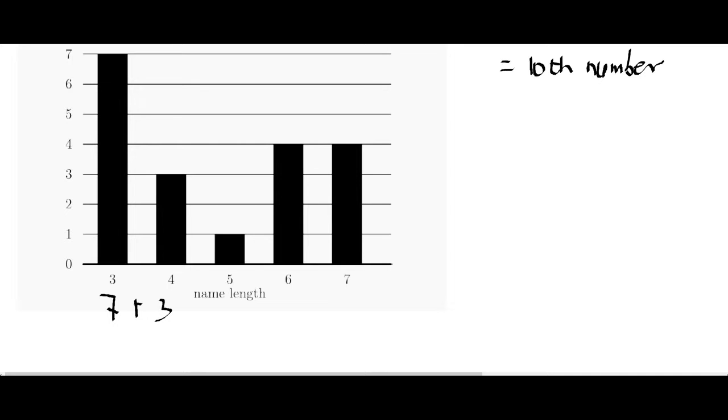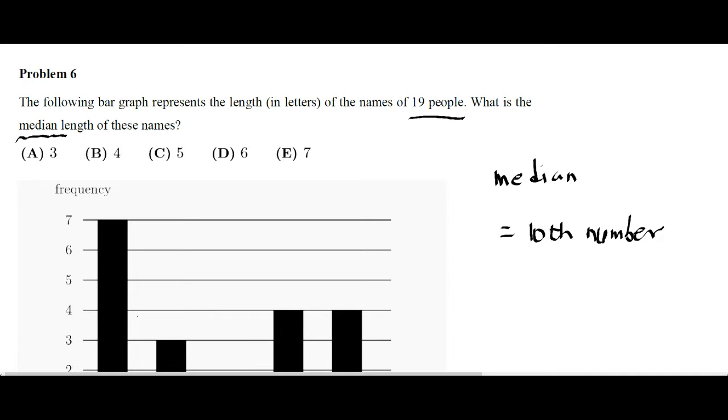Like Andy. Your name is Andy. What is the name length of the first name? Oh, 4. I didn't read it. I just looked at the only information, right? What is it? Oh, there are 19 people. They just measured the length of the names. And then they want to find the median length of these names.